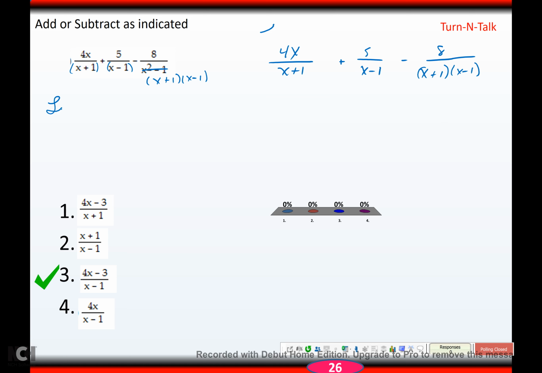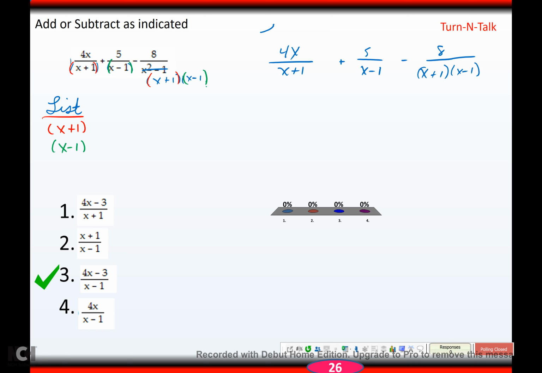If I make my list, my first denominator has an x plus 1, so I need that in my list, and that'll take care of that one and that one. My second fraction has an x minus 1 on bottom, and that'll take care of this one and this one.